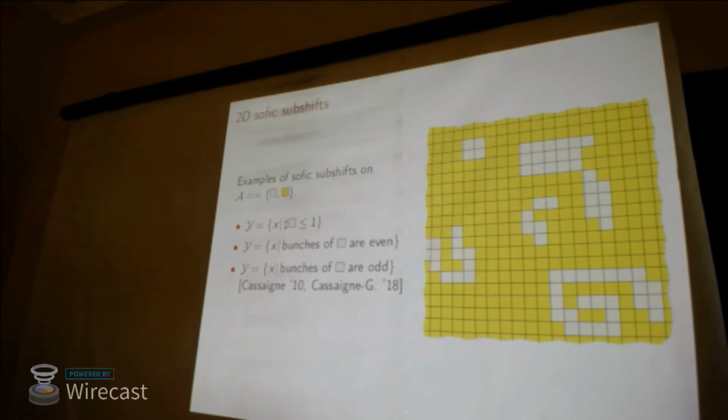Any subshift has to be shift invariant and closed, which means that when you take a sequence of valid configurations, and any pattern which agrees with more and more, with a bigger and bigger square with your sequence, should be also in the same set.